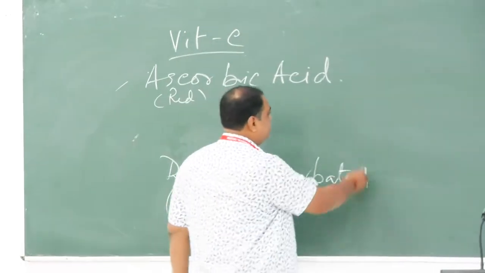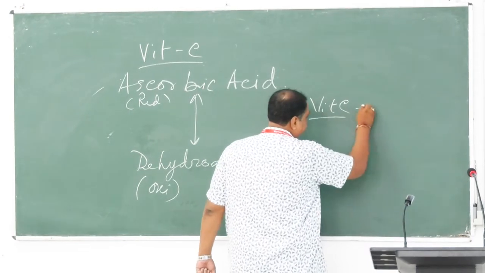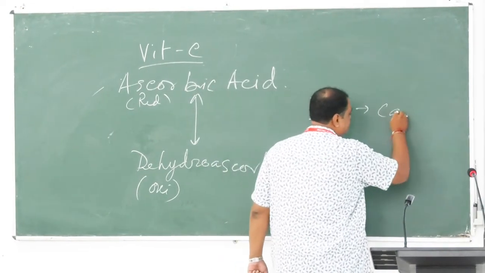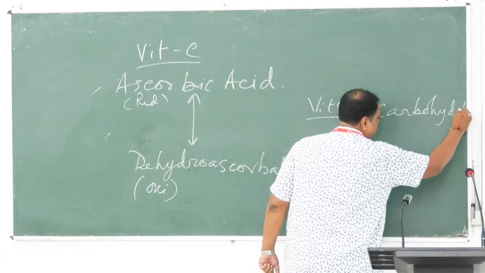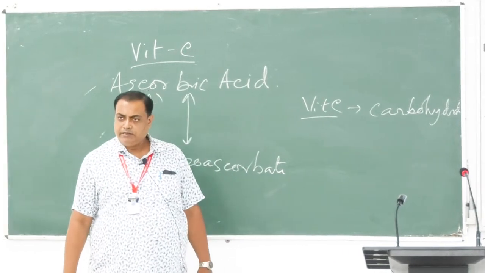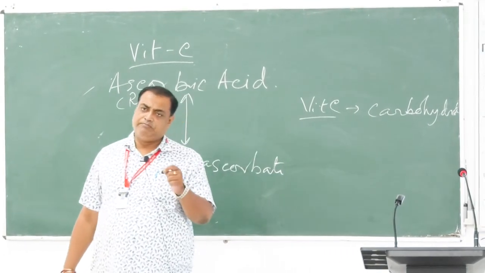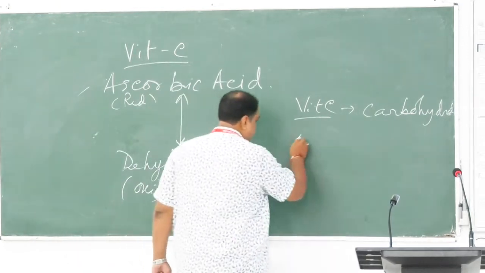Now this vitamin C by nature is a carbohydrate. Okay? It is a 6 carbon containing compound. What does it do? It has reducing property.